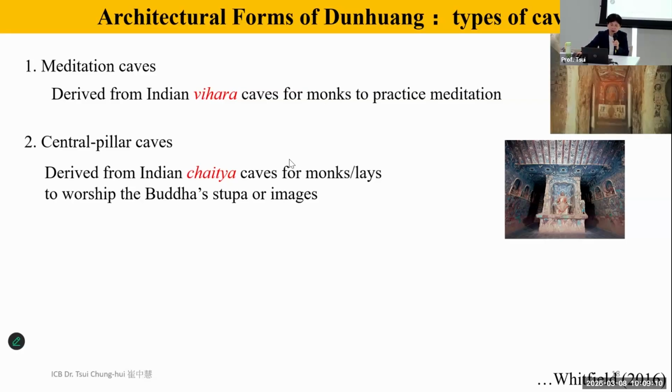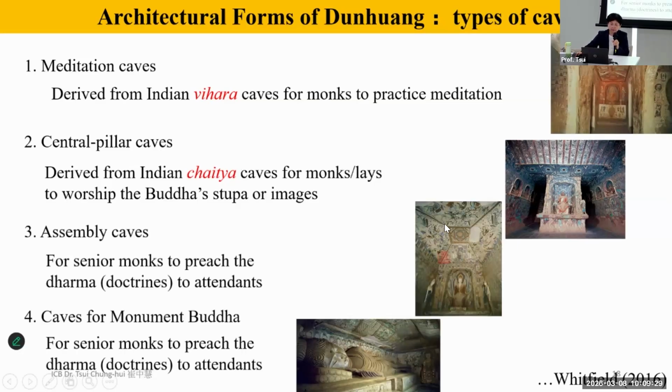It's called a vihara. Another type of cave in Dunhuang is similar to the Chaitya cave, transformed from the Chaitya cave into the central pillar. So we have the central pillar cave in Northern Wei.